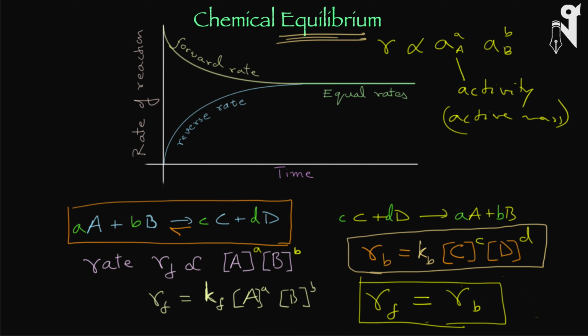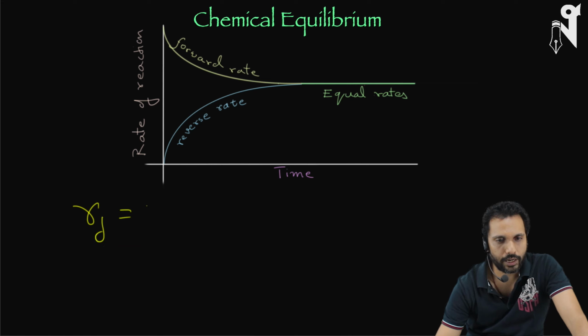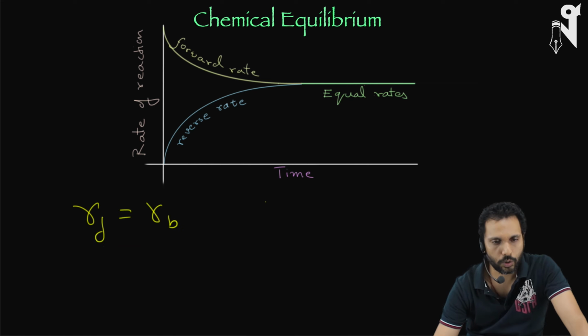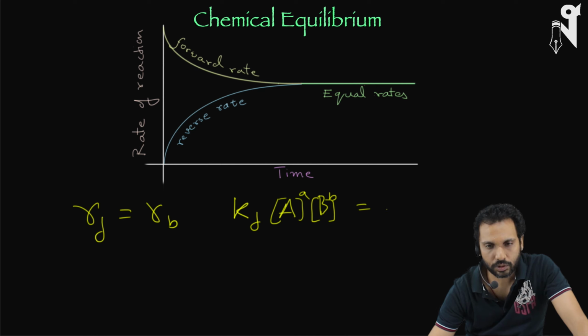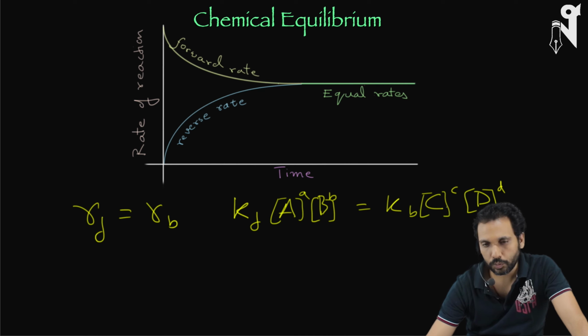If my rate forward is equal to rate backwards, then what do we get? Rate forward was K forward [A] power a, [B] power b, and the rate backward was K backwards [C] power c and [D] power d. In a while I'm just going to omit writing the square brackets because I'm feeling a bit lazy about it.